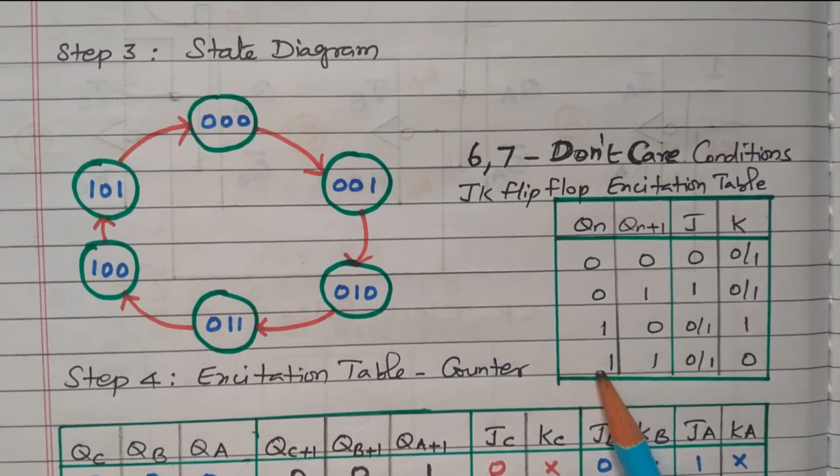If both current and next state are 1, J is X and K is 0.